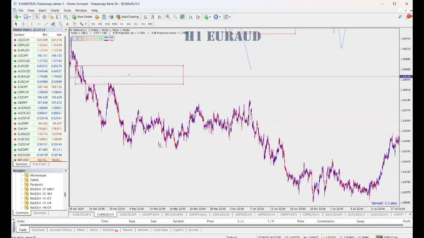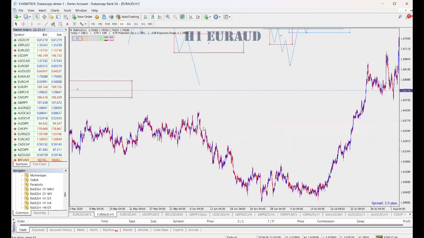Another example, let's see here. We have another example here. We actually have some compression here, which we'll talk about in a video, but we're not going to talk about that in a video today. But we have an area here that we broke in a key area here.